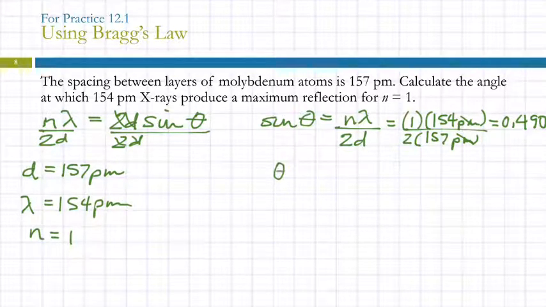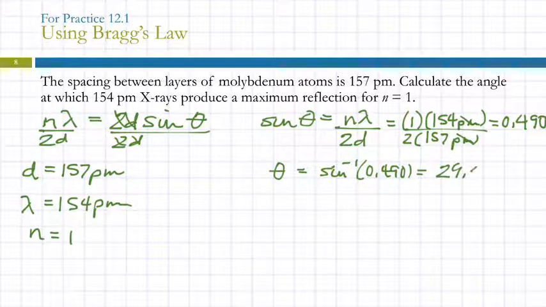So theta equals the inverse sine of 0.490, which is 29.4, and that would be degrees. So that's telling me that at an angle of 29.4 degrees, those X-rays are going to give a maximum reflection because they interfere constructively. Any questions?